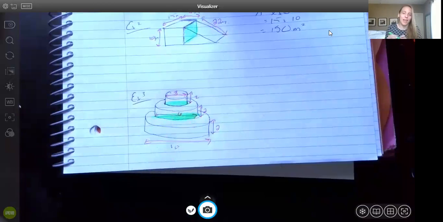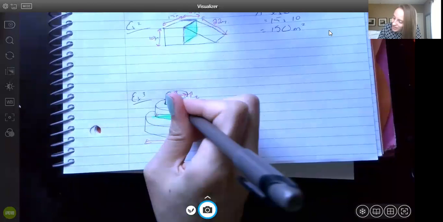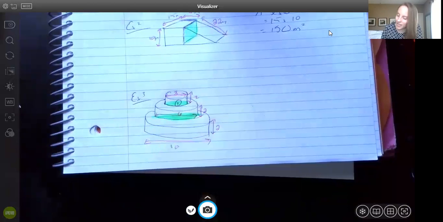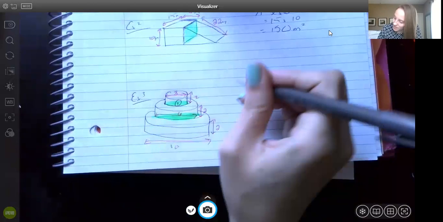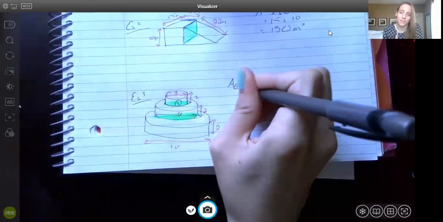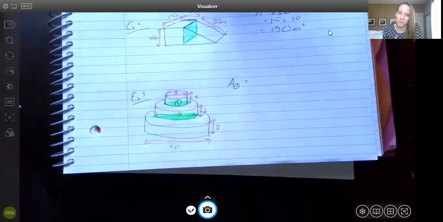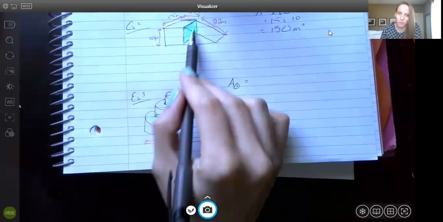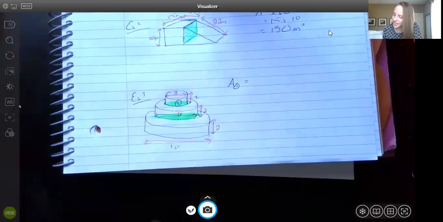So this time I have two areas of overlap. They are both circles, but when you have multiple areas of overlap, they don't actually need to be the same shape as each other. So I'm going to label this as area of overlap number 1. Again, it's very important to label what you are finding the area of if it's not obvious, if it's not just like one shape, which I have highlighted here.